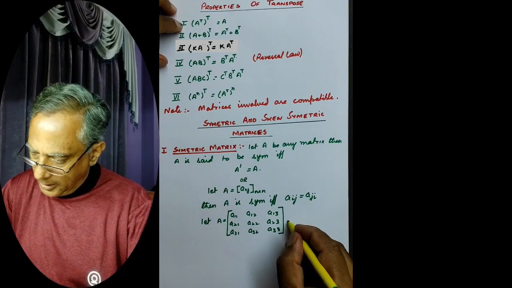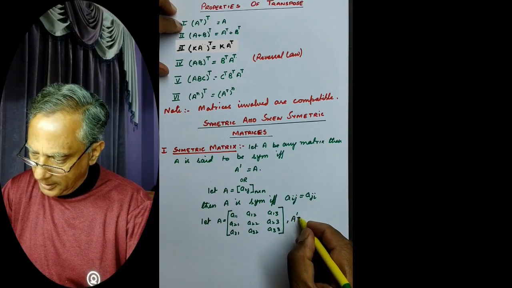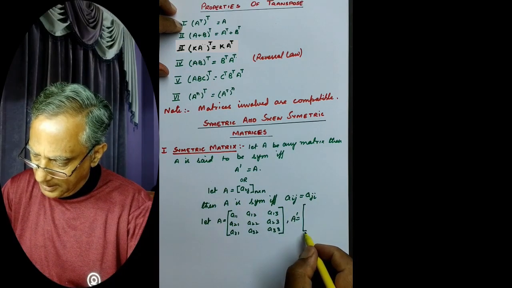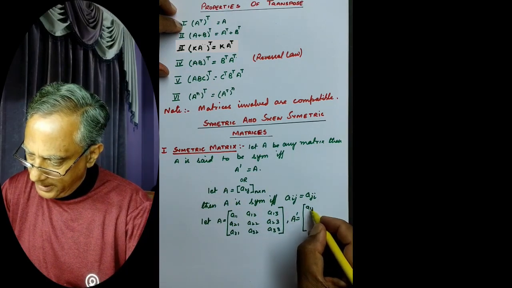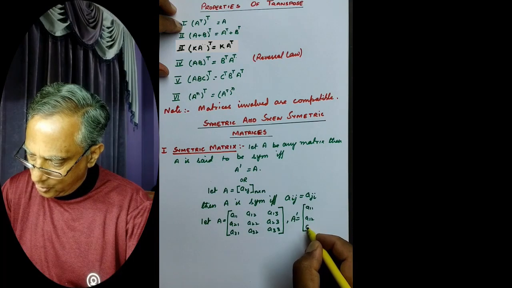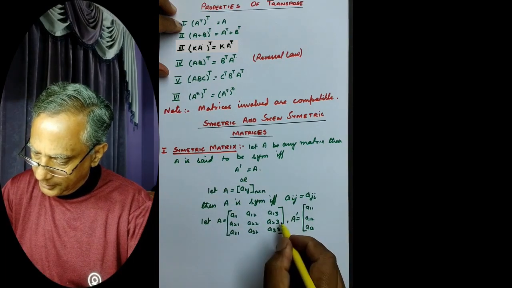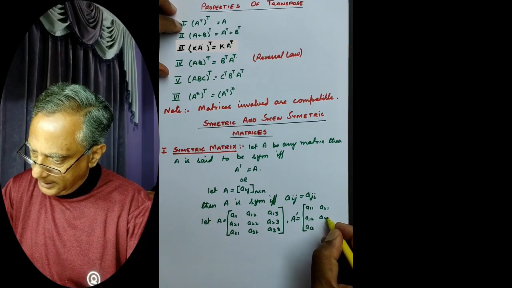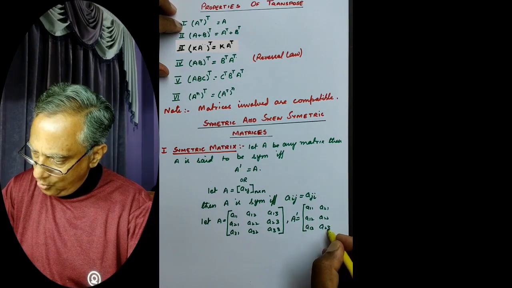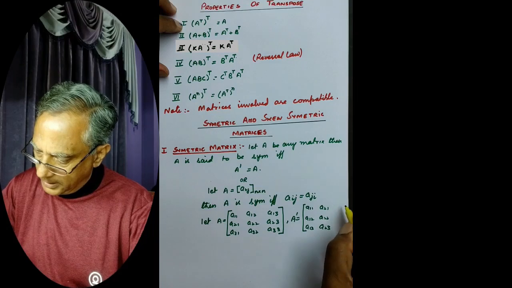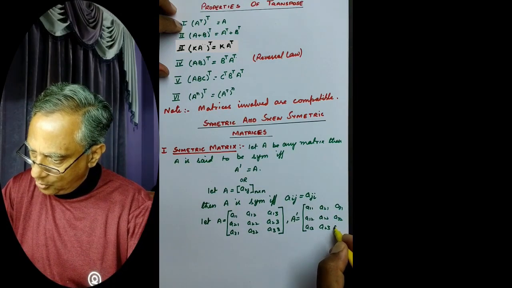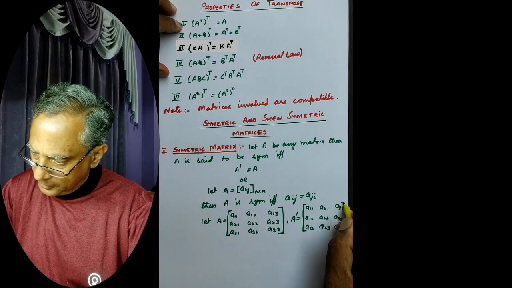Now A transpose will be equal to, now this row will become this column. So this will be A11, A12, A13. This row will become this column. So this will be A21, A22 and A23. This row will become this column. So we get A31, A32, A33.